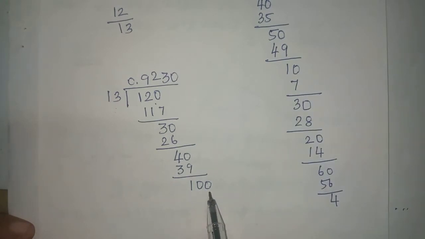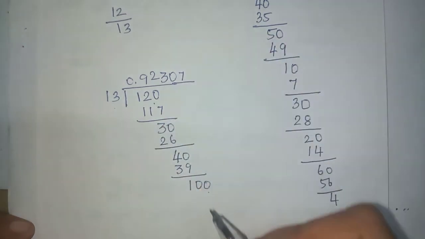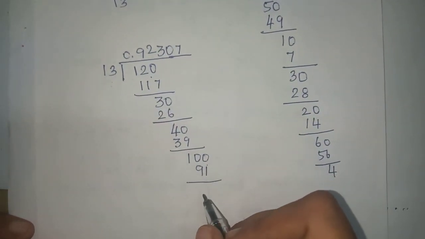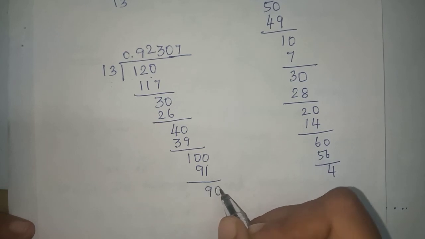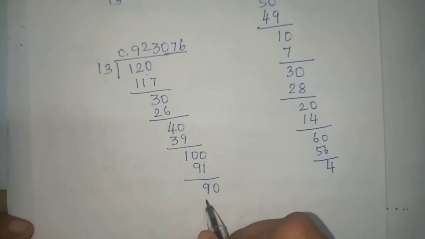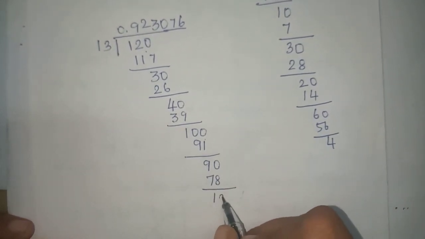Now you get 100, a 3 digit number. Then 7 times 13 is 91. If you subtract this you get 9. So add a 0. 6 times 13 is 78. So the remainder is 12.